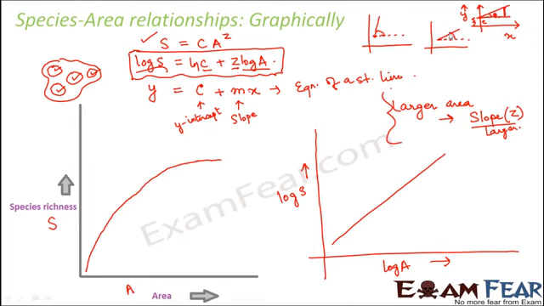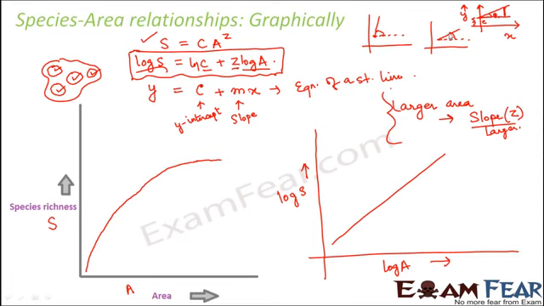So for a larger area, you have a larger value of slope. That means the theta is more, which means the graph is more steep. So the slope is steeper. Whereas if the same species area relationship is analyzed over a smaller area, just the vice versa happens. That is, the value of the slope is smaller and the slope is less steep.